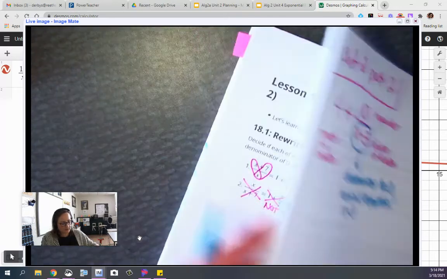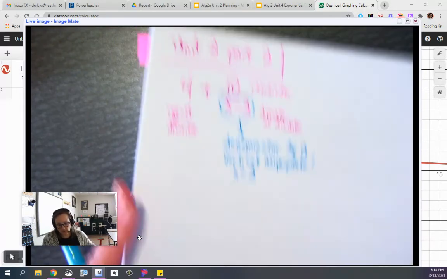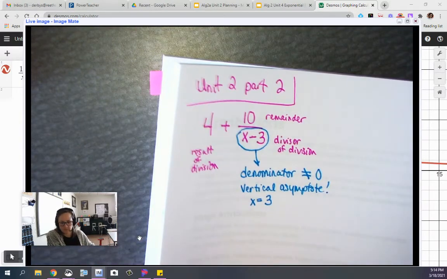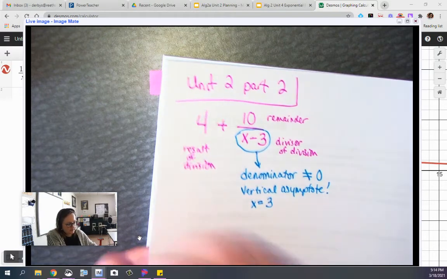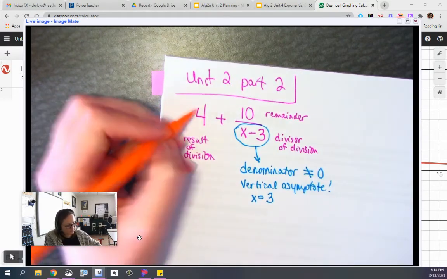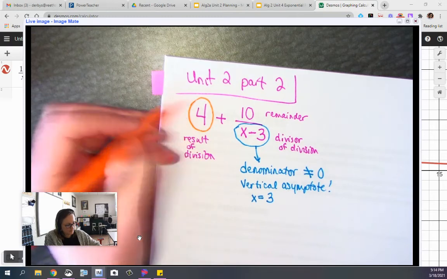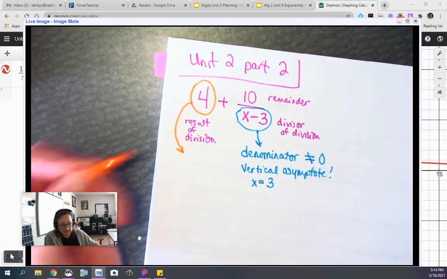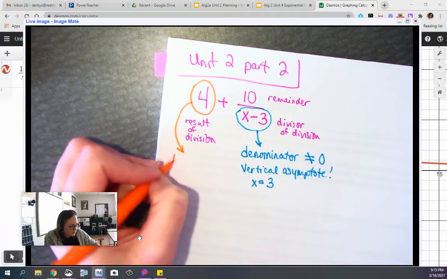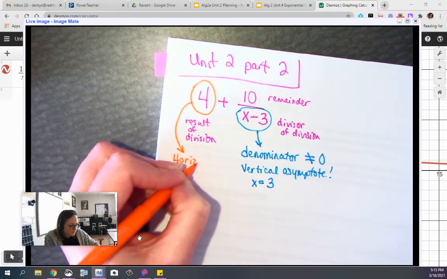I'm going to go back to the notes that we had at the back of the book that we just added. And I just want to have this idea that the result of our division, if it's just a number by itself, is our horizontal asymptote.